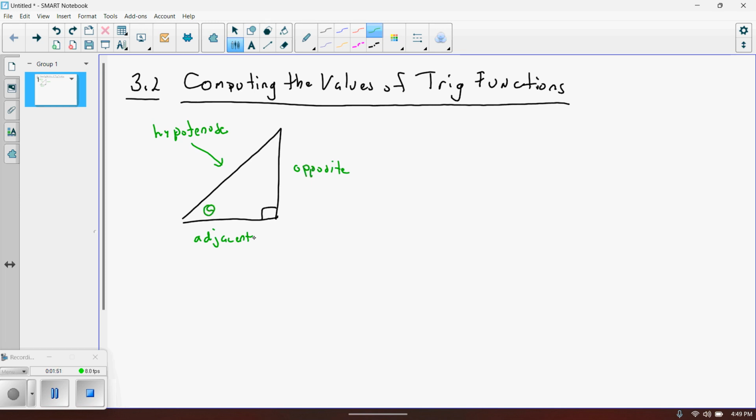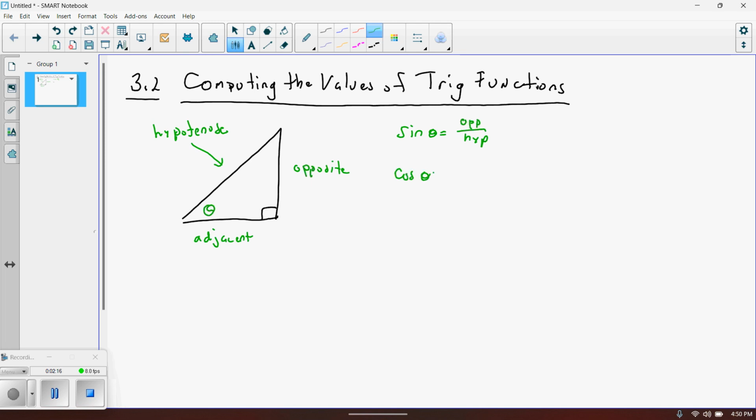And again, this should all be review. Sine of the angle is said to be the ratio of the length of the opposite side over the hypotenuse. That's actually how it is defined. And these are numbers. Now these are lengths. So remember, it's the length of the opposite side divided by the length of the hypotenuse.